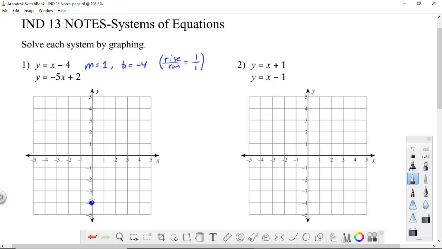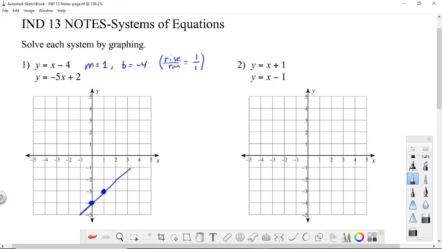So if we go up 1, like that, and then over 1, like that, we get to right there. That's another point. We try to graph these as accurately as we can.